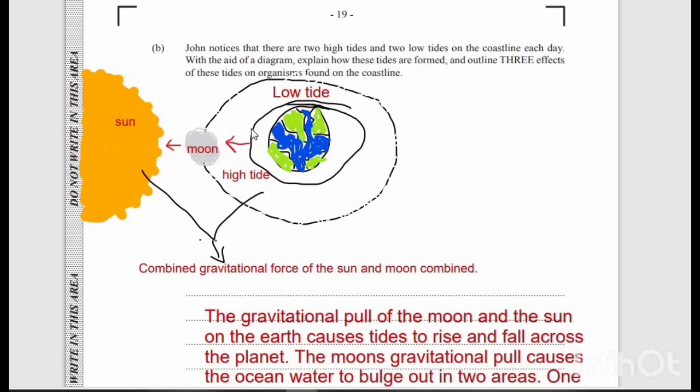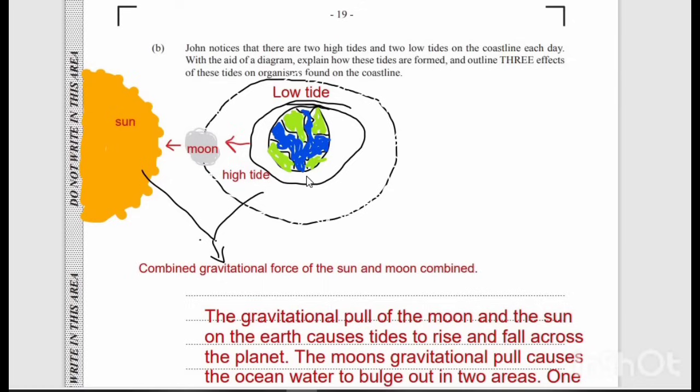Now the bulge should be to the left and the right of the oval that you would have drawn, and the bulging part towards the left and the right would be your high tides. Your low tides would be above where you see I wrote low tide, so they should be a little closer to the earth. So it should be elongated, going left and right, longer, and above and below of that oval should be almost touching the globe.